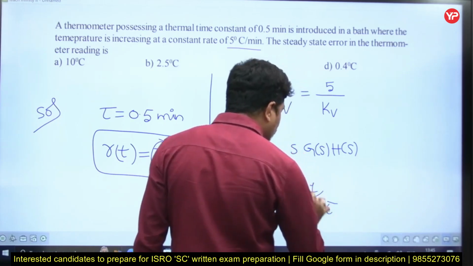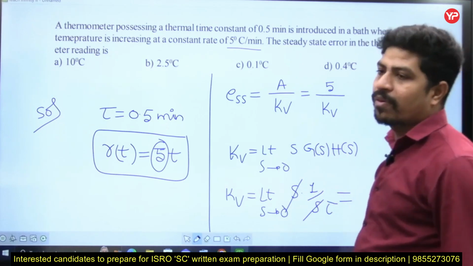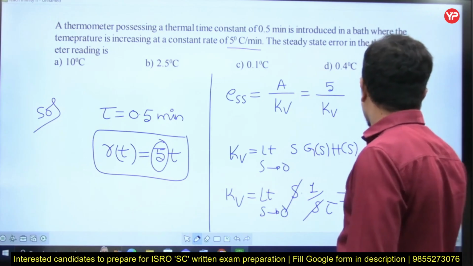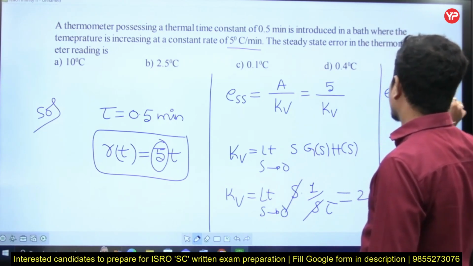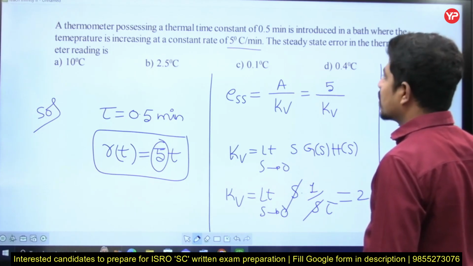So this s is gone, that is 1 by tau. Tau is already 0.5, therefore 1 by 0.5, how much is it? 10 by 5, that is 2. Then the steady state error ESS is equal to A, which is 5, by kV, which is 2, that is equal to 2.5 degree centigrade.